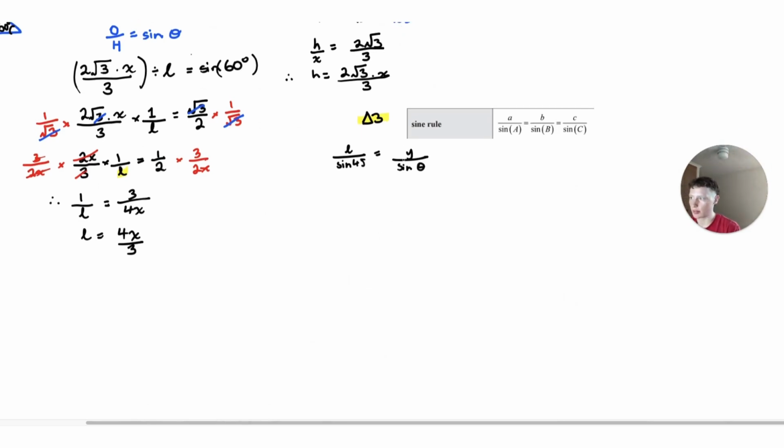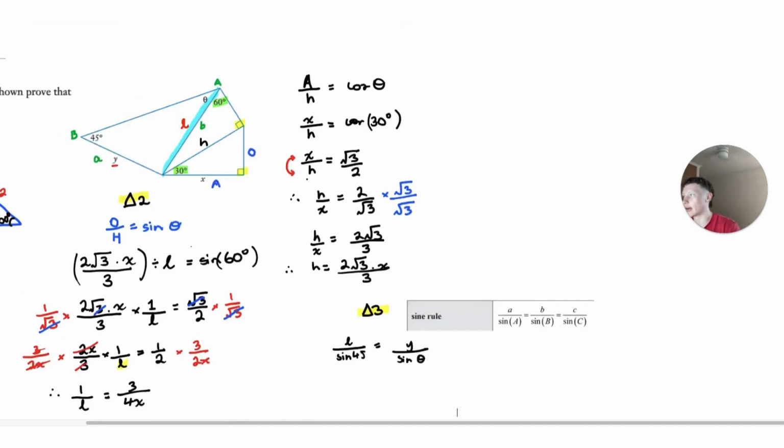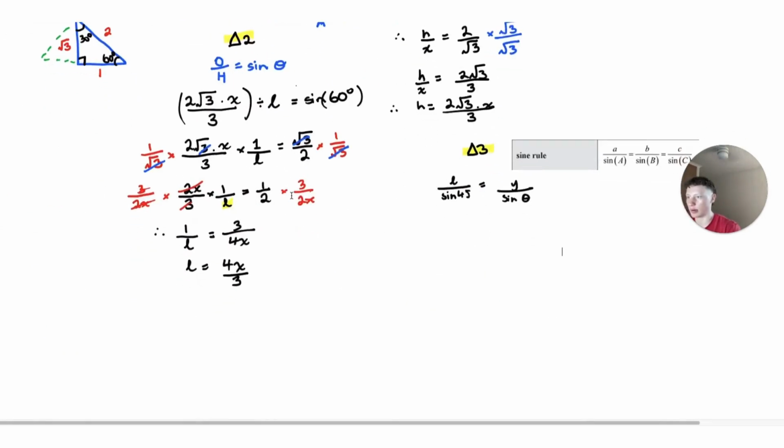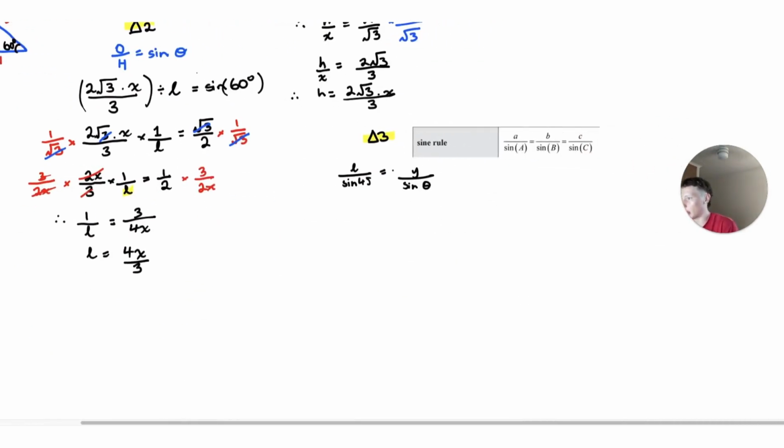I just want to start by getting y by itself, because in our actual proof, we want y just by itself on one side. So I'm going to multiply both sides by this sine of theta. That will get us y equals L sine theta over sine 45. This sine 45 component we can actually solve for.